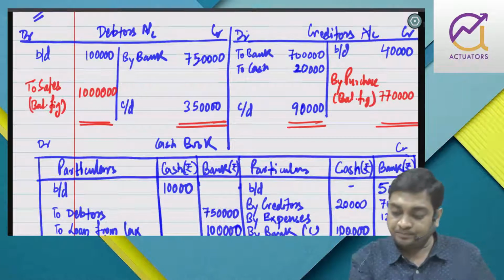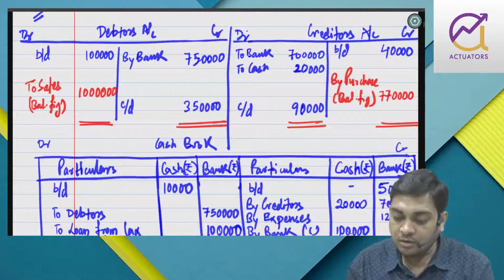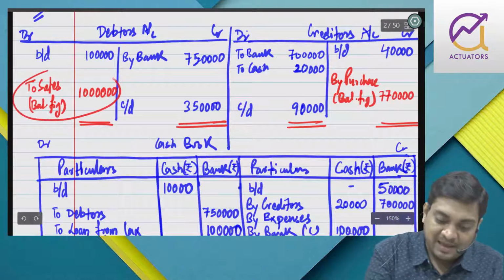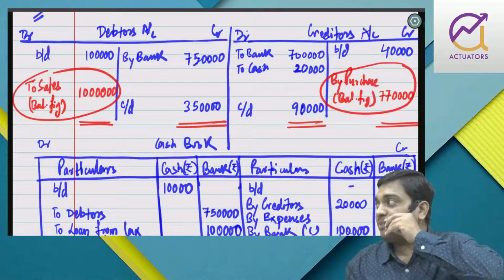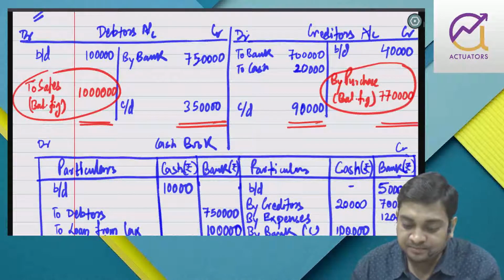Done. So I have got this as a balancing figure, and I have got this as a balancing figure. The objective of preparing this account has been served.